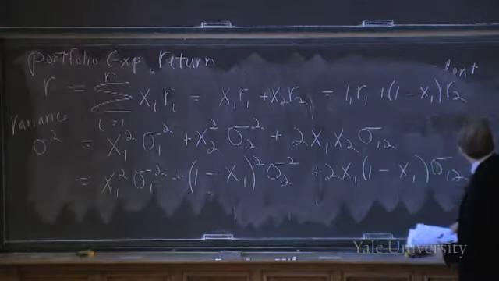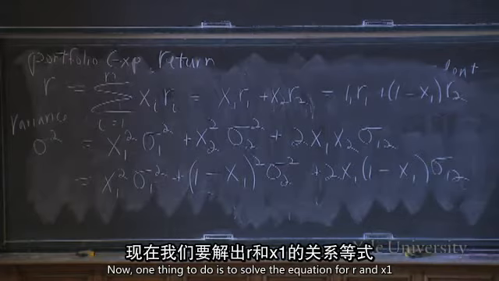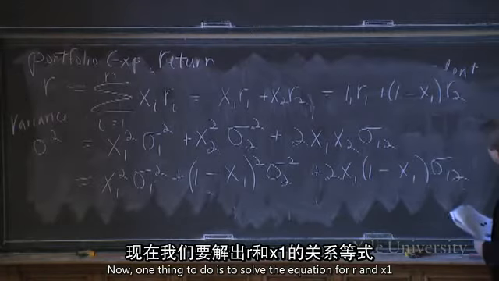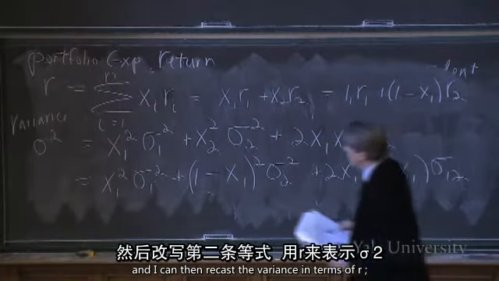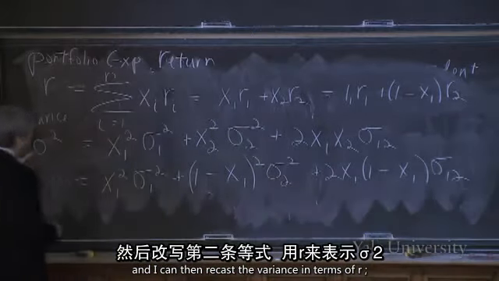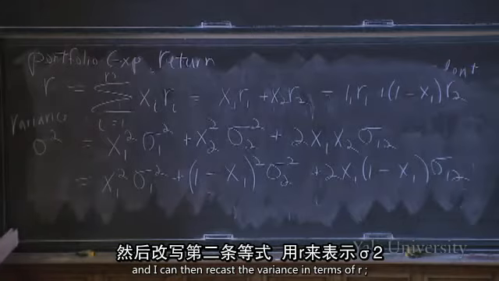So now one thing to do is to solve the equation for r for x1, and I can then recast the variance in terms of r.